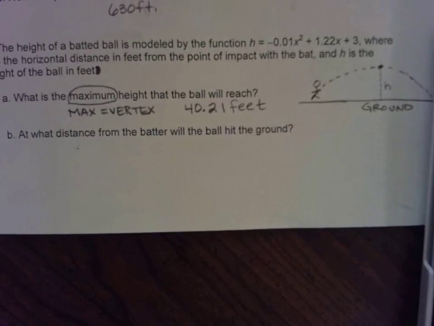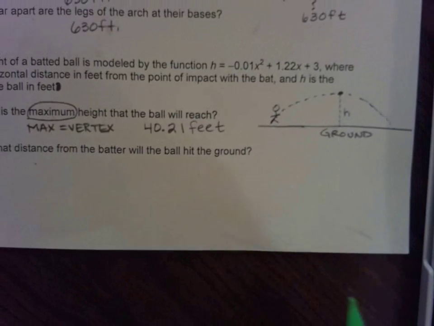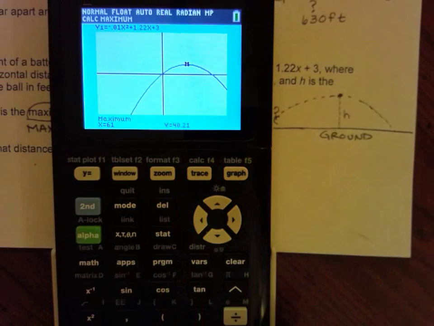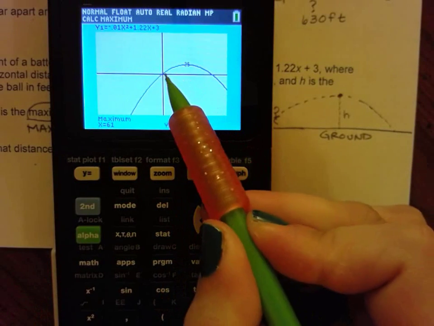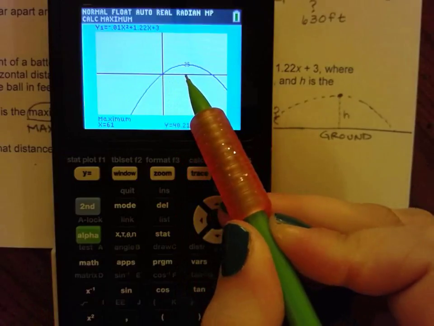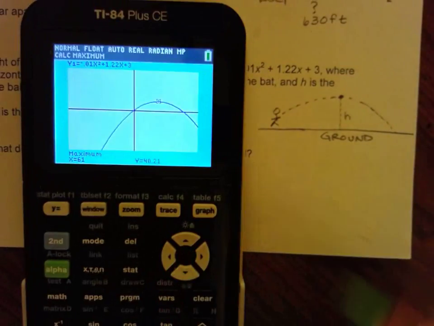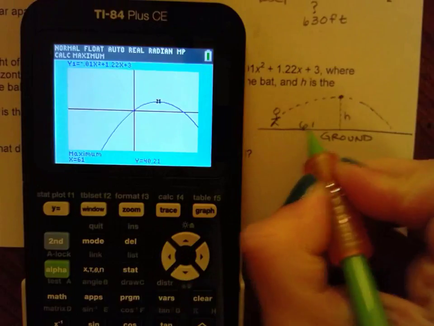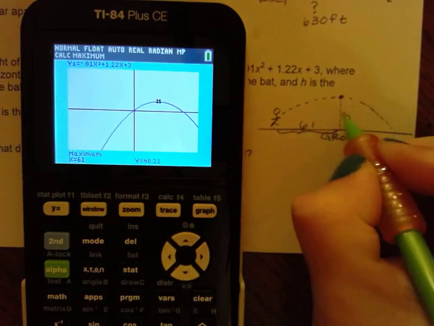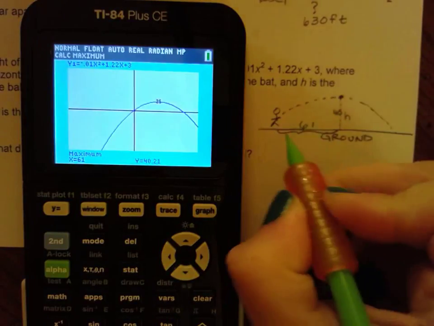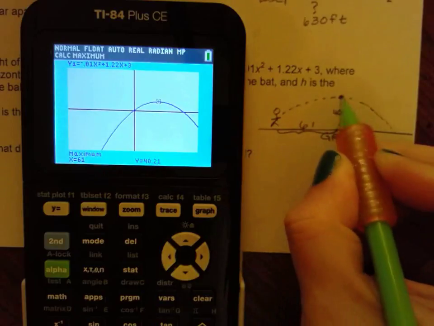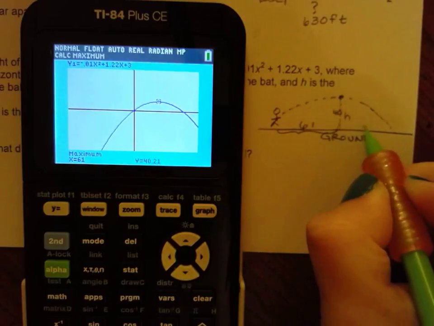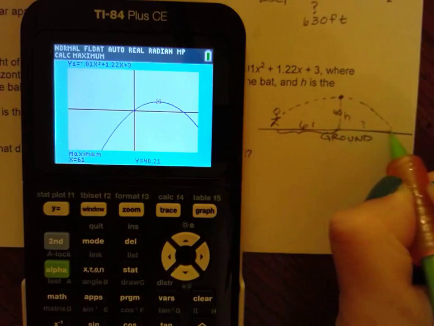For part B, at what distance from the batter will the ball hit the ground? Here we are again. I had to go over 61, and I'll put it on my picture, and then I had to go up 40. So over 61 and up to get to this point. How far would I have to go to get back over to the ground?